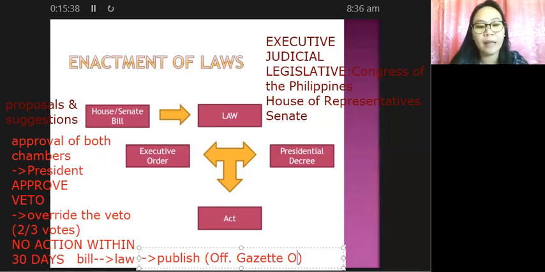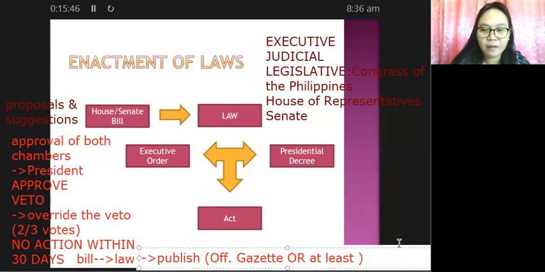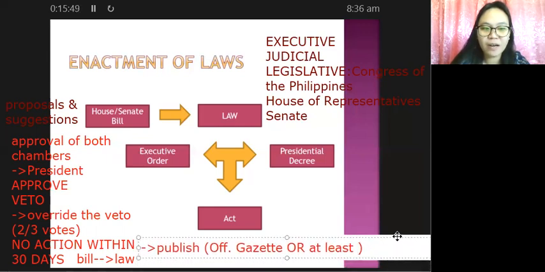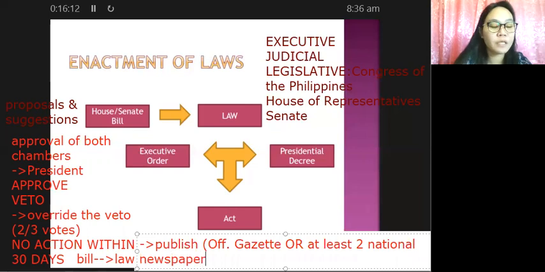Philippines, or, take note, in at least two national newspapers of general circulation.